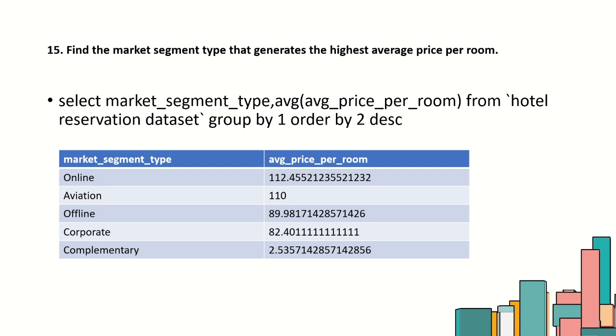So we can select the market segment type and the average price per room using the average function from the dataset. Further, I have used group by and order by. What we can see in the output is that the online market segment type has the highest average price per room, and the complementary market segment type has the lowest average price per room.